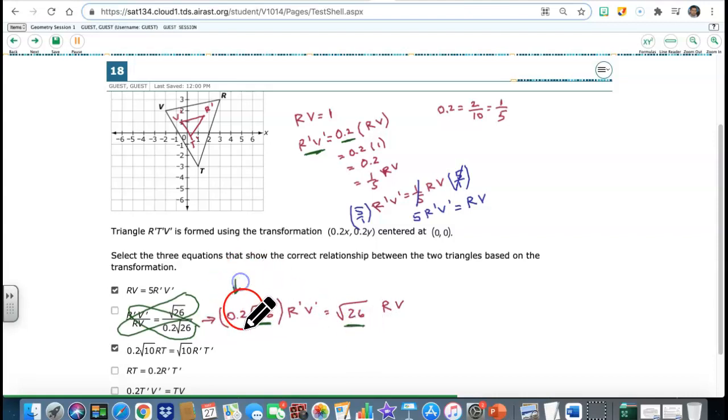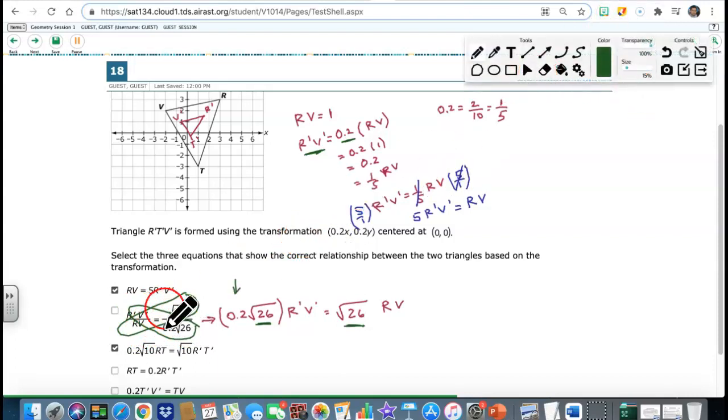You have to concentrate on the scale factor. My scale factor, 0.2, is in front of the little one, not in front of the big one. Therefore, this is wrong. Imagine 0.2 of something little being equal to something big. That's why this answer is not marked as right. Whenever you have a proportion like this, go cross multiply right away.